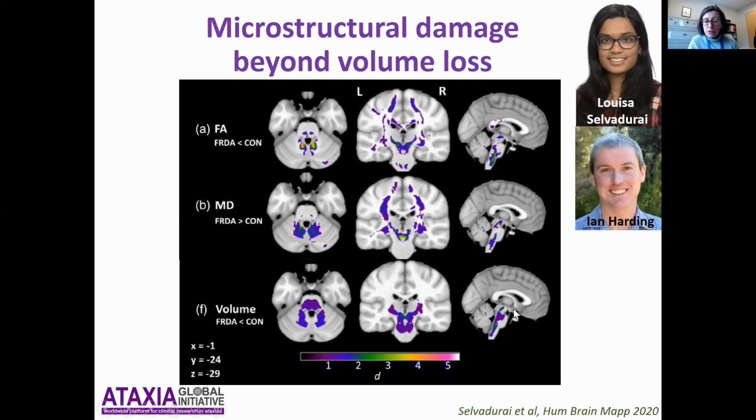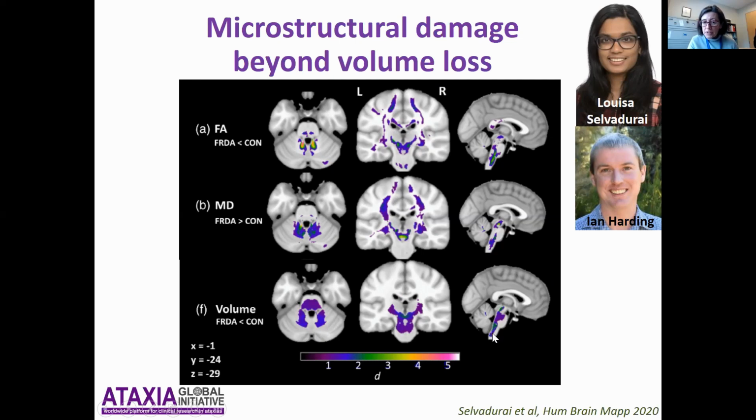Let's first look at the volumetric MRI results at the bottom here. These are regions where the volume was smaller in their Friedreich's ataxia cohort than the controls. And the differences are limited to the cerebellum. You can see it in the white matter region, as well as the pons.